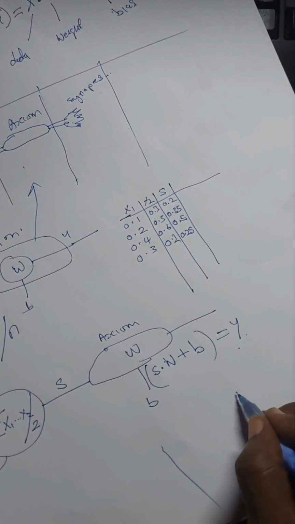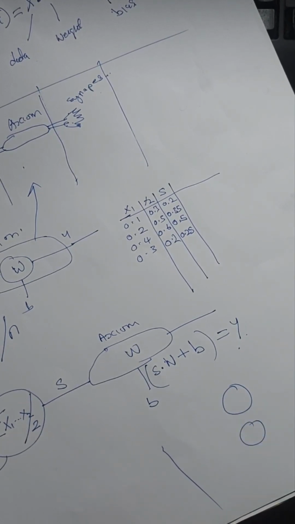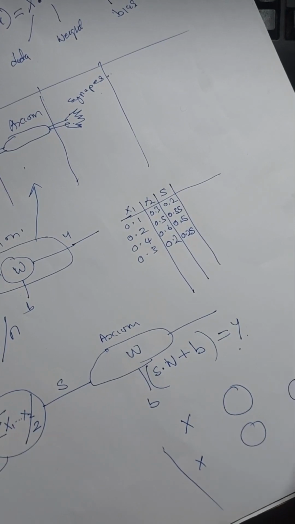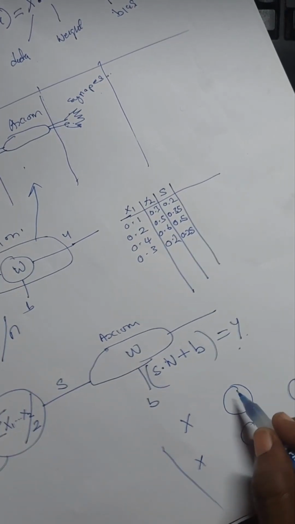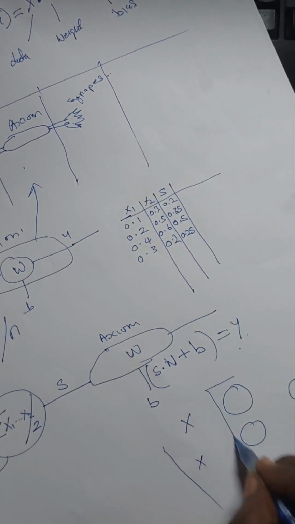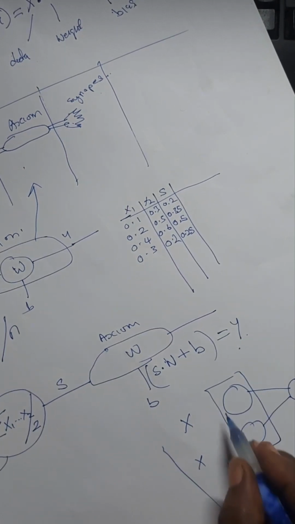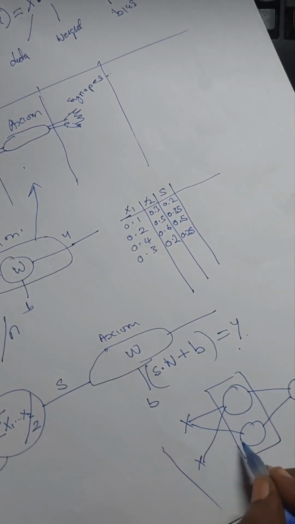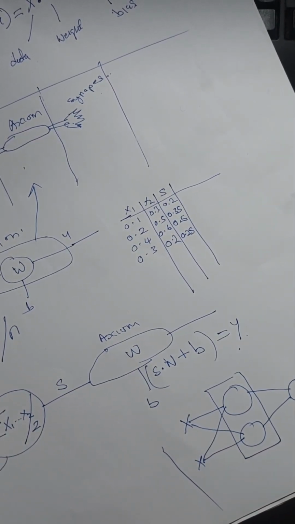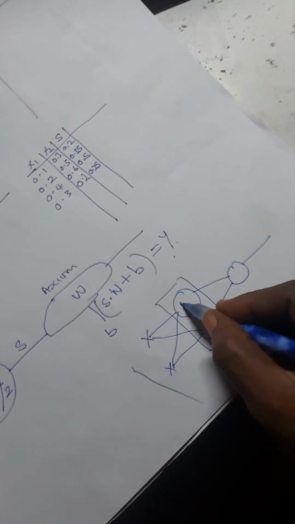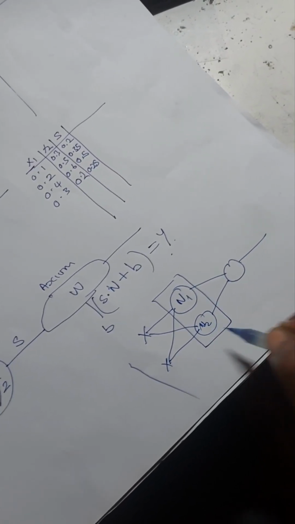Now let's draw a network where we have a 2-input network with 1 output. We have 2 neurons in the middle layer, and the output layer has a single neuron. Let's interconnect them as normal. As you can see in this diagram, we have neuron 1 and neuron 2.